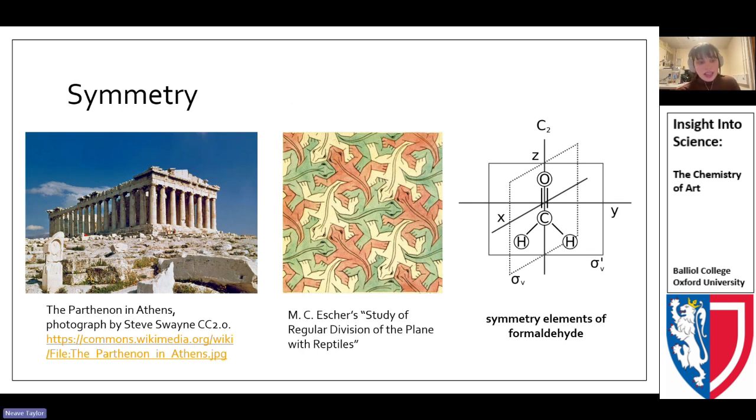So on the left-hand side here is a picture of the Parthenon on the Acropolis in Athens. This was built during ancient Greek times, and there's an interesting feature that they built into the architecture of the Parthenon, which is that if you are looking from below the Acropolis, the Parthenon looks perfectly straight up and down, and all these columns look perfectly parallel, and it all looks beautifully symmetric.